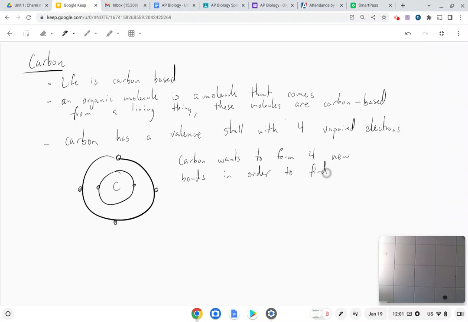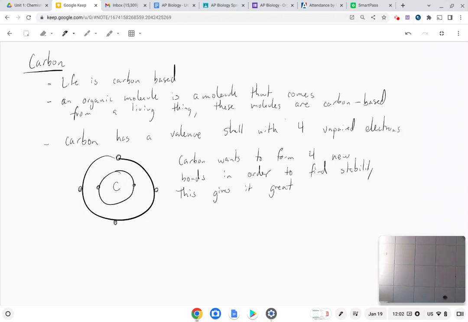So nature prefers stability over instability. This is a general rule. Things will adapt in order to find a stable state. And this is true for carbon. This gives it great versatility.